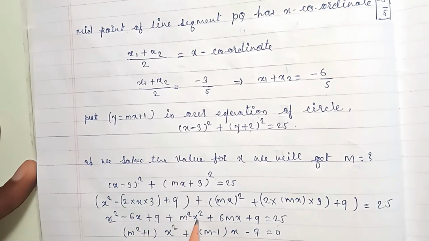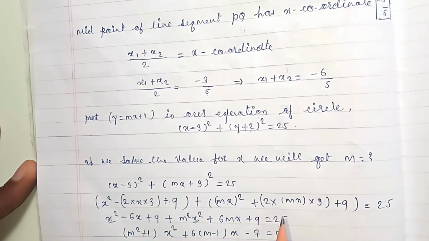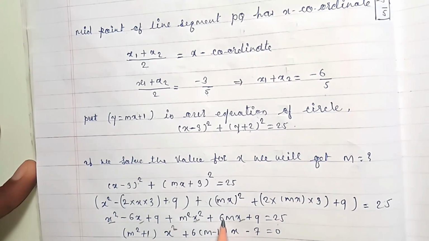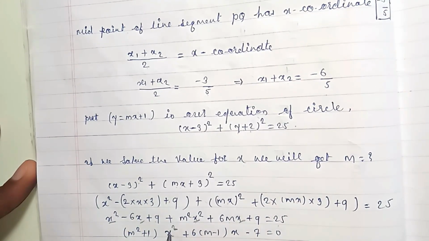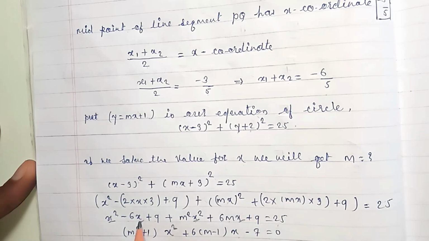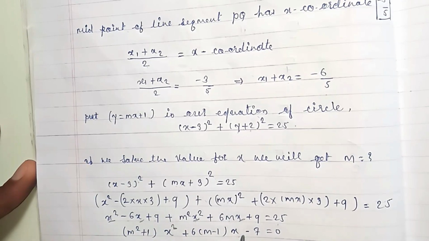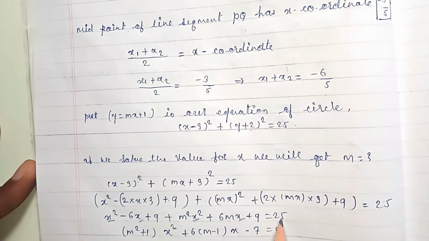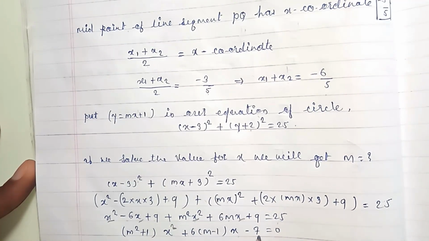Now for the similar terms in x, take 6 common: plus 6 (m minus 1) x. Then take 25 to the other side: 9 plus 9 is 18, minus 25, which comes as negative 7, equal to 0.